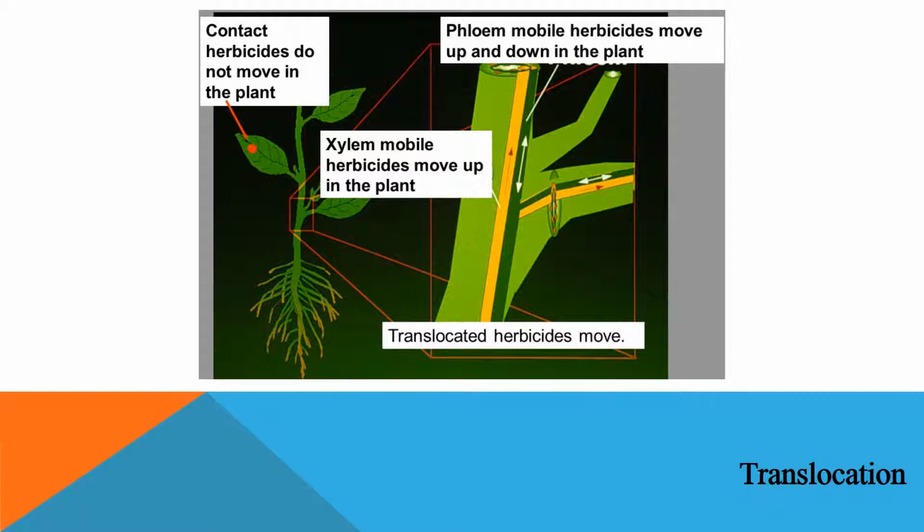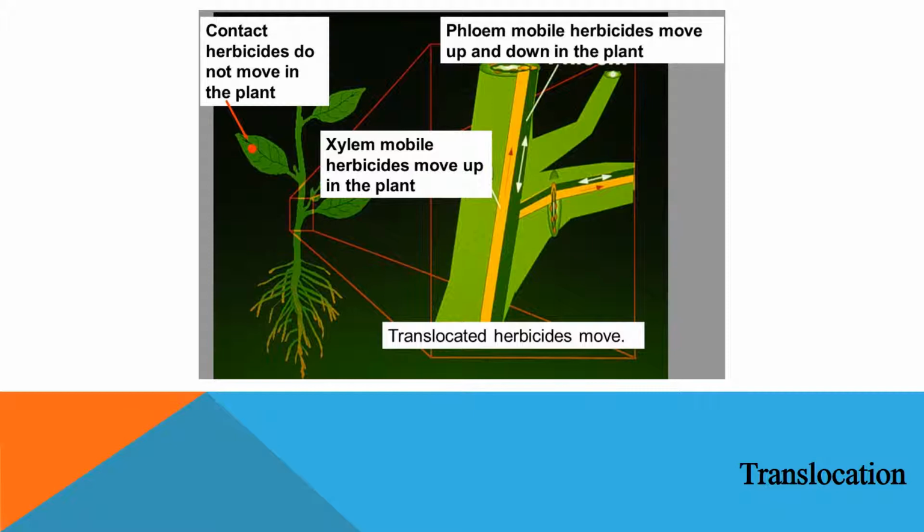It is helpful to think of phloem translocation as movement from source to sink. Movement from source to sink often occurs with photosynthetic transport from regions of high carbohydrate synthesis to regions of high use. Sources are points of entry of herbicides, and sinks are sites of high metabolic activity where herbicides express their toxicity.